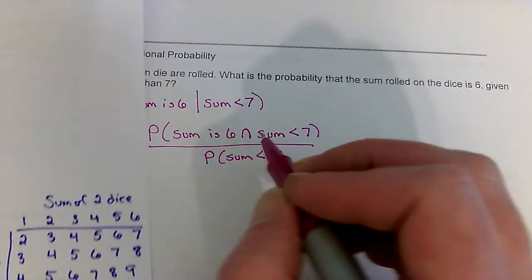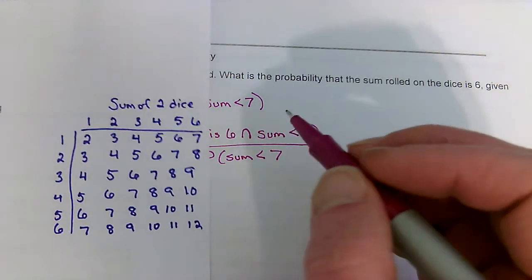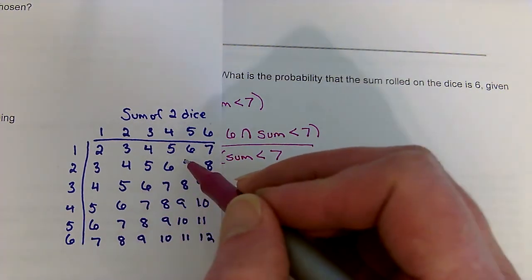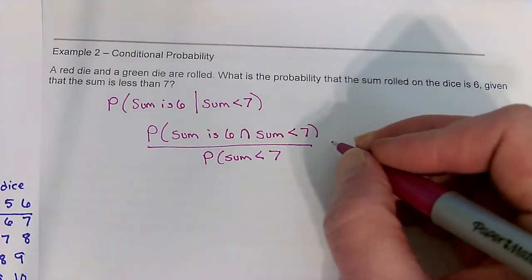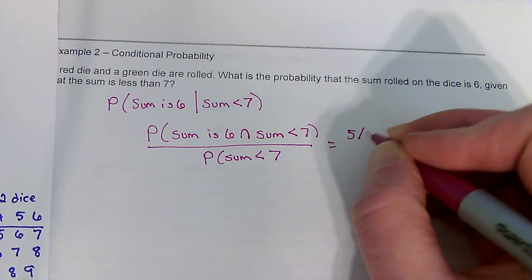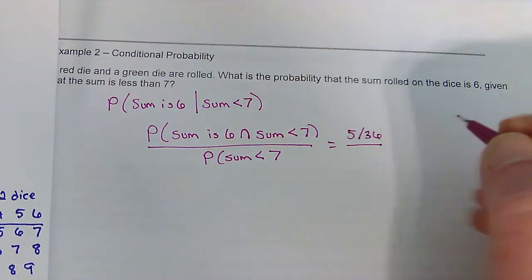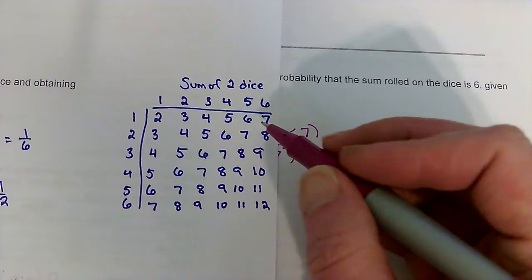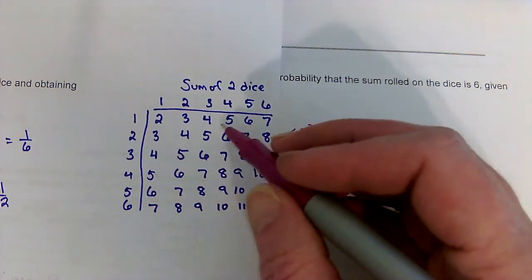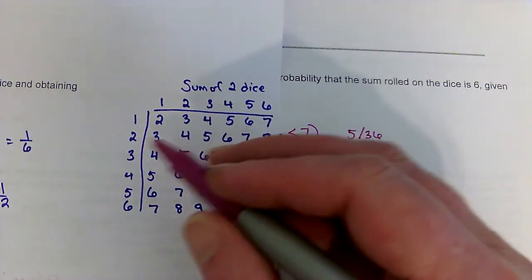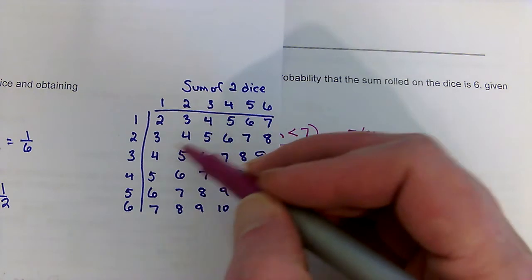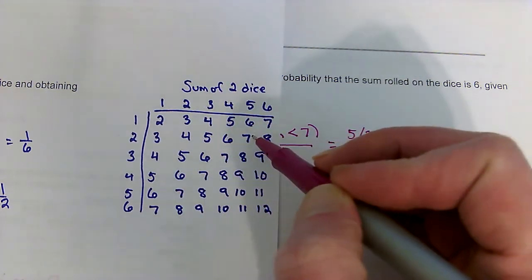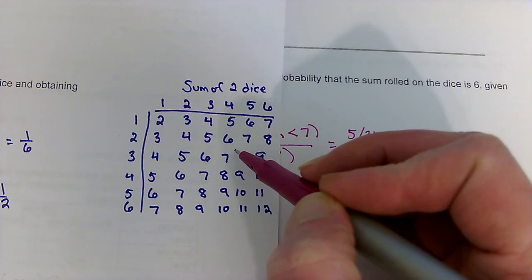So in this case, this really is just the probability the sum is 6 because 1, 2, 3, 4, 5. There's 5 ways that can happen. That's going to be 5 out of the 36 ways. The sum is less than 7, so we'd have 6 plus 5 plus 4 plus 3 plus 2 plus 1.